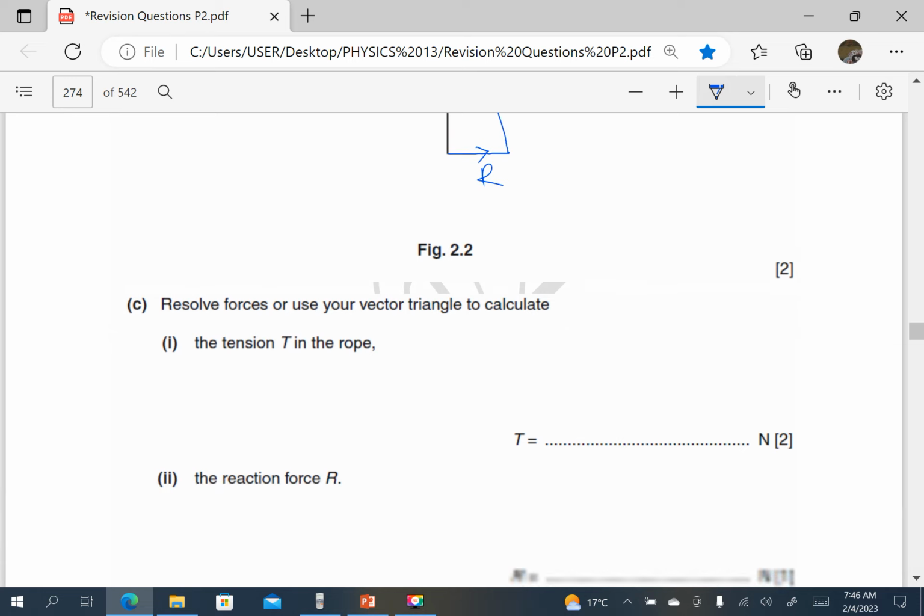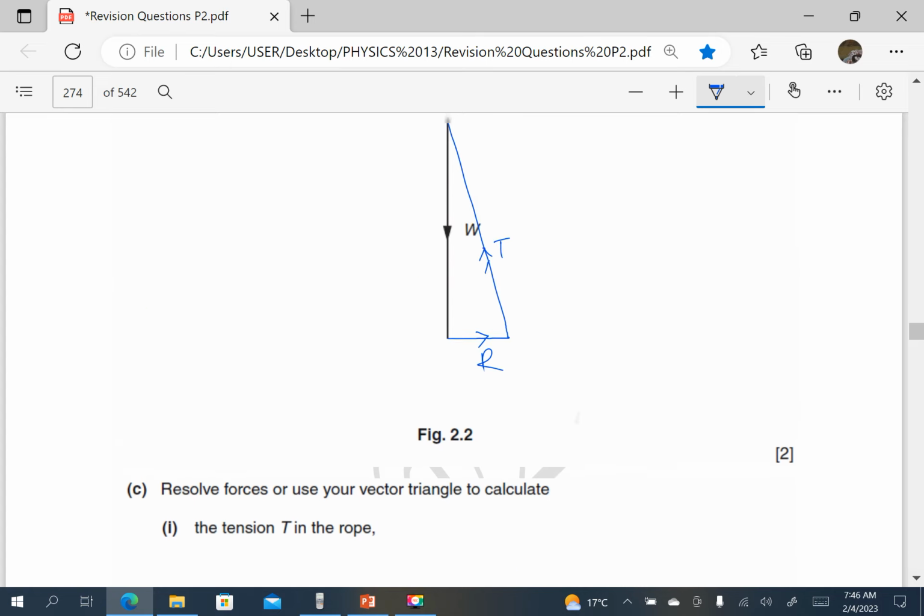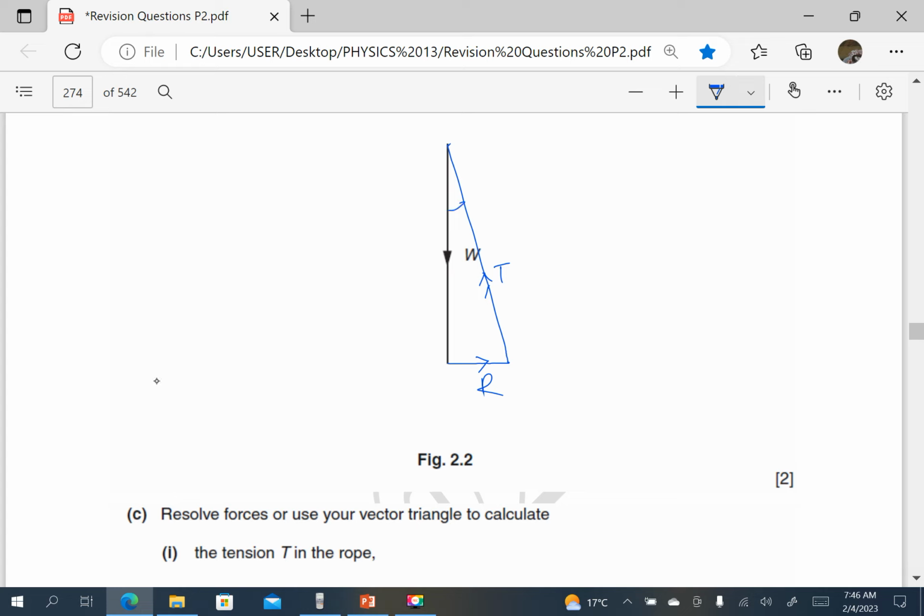Resolve forces or use your vector triangle to calculate the tension T in the rope. If you choose to resolve forces, then it will be very easy. If you choose to use the triangle, it is also fine because the weight has been given as 520, so you could have drawn the triangle to scale.